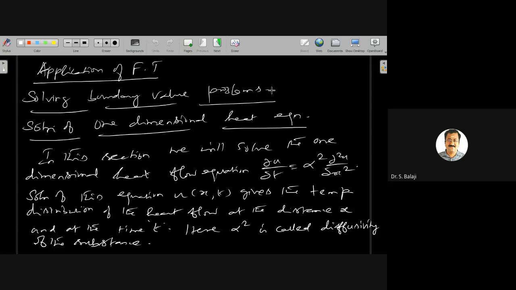Solving boundary value problems: solution of the one-dimensional heat equation.